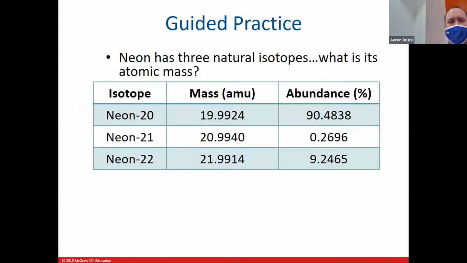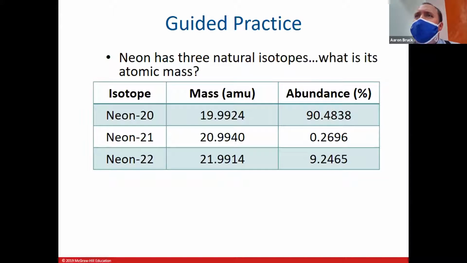Here I have neon. Neon exists actually in 3 different isotopic forms. There's neon 20, neon 21, and neon 22. The 3 isotopic forms of neon have 3 different atomic masses and 3 different abundances.